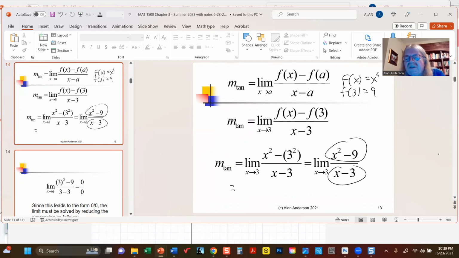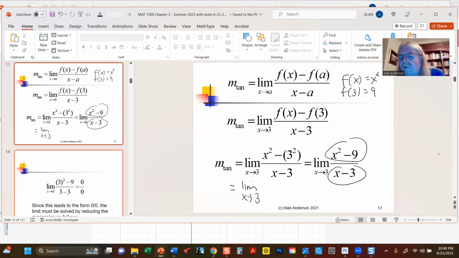Now, we have to watch it here because if you directly substitute, you're going to wind up with a 0 over 0. So here's what we have to do. And we saw these the other day. If you've got two functions, you can show that the two of them will have the same limits.